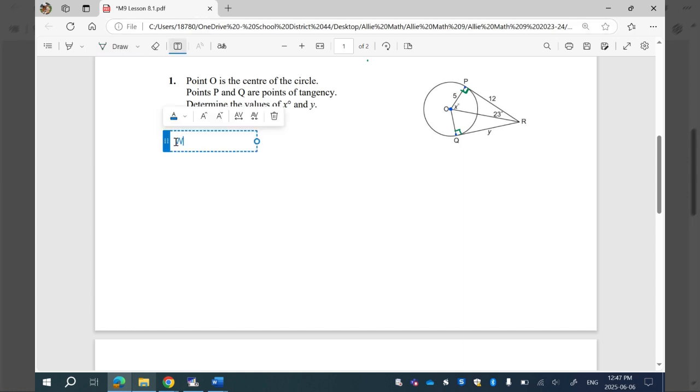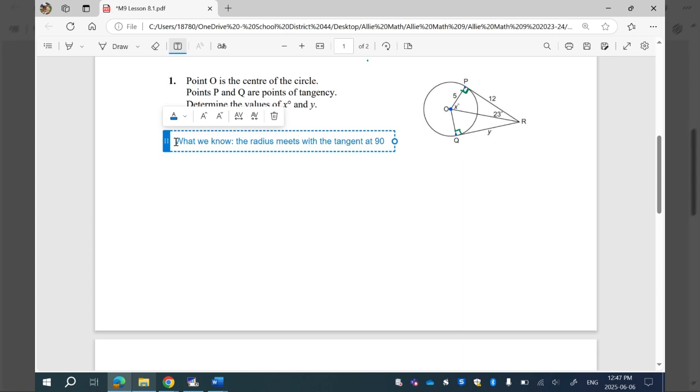What we know. Let's see, the radius meets with the tangent at 90 degrees.